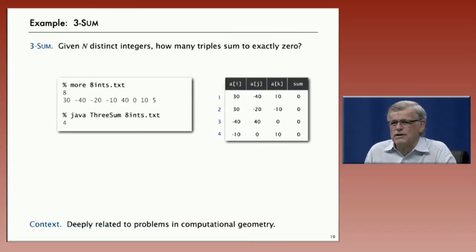Our goal is to write a program that can compute this quantity for any input file, any set of n integers. This is actually an extremely important computation that's deeply related to many problems in computational geometry, which is a branch of computer science that covers the algorithms and underlying science related to graphics and movies and geometric models of all sorts.